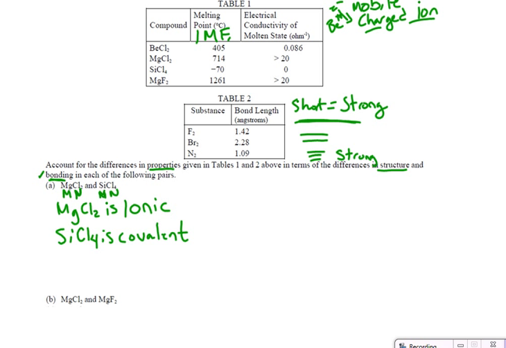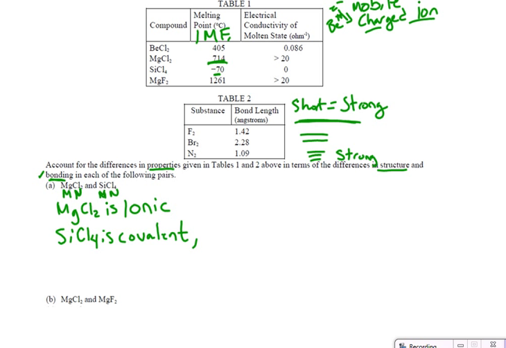So what are their differences in properties? All right, so let's go with these properties from table 1. Magnesium chloride, melting point is 714 degrees Celsius. That's pretty hot. Melting point for silicone tetrachloride is pretty low. Okay, so now I got to account for that. And we know it has to do with the intermolecular forces. So which one do you want to tackle first? Let's tackle silicone tetrachloride.